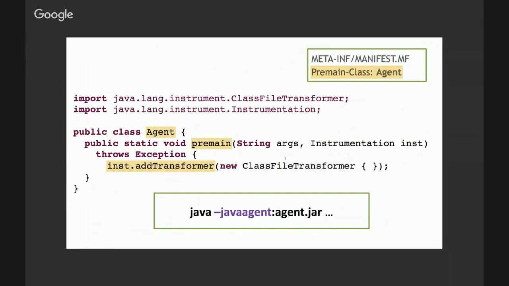This gives us a hook to actually manipulate the bytecode when the class loader tries to load its class. The last thing we need to do is when our JVM runs, we need to add this JVM property, which is -javaagent: and then a path to our Java agent. This points us to the jar which contains this agent class as well as this manifest file.